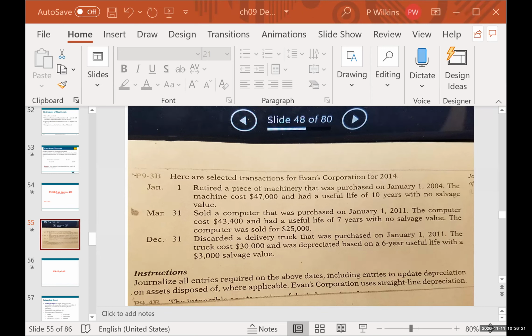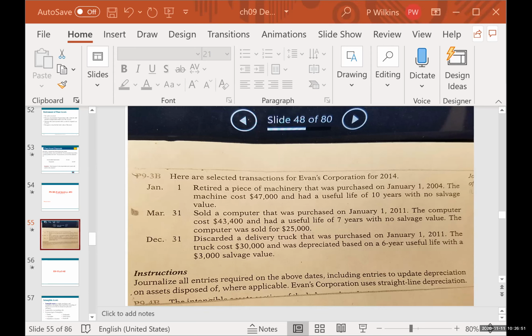So $47,000 minus 0 gives us $47,000. And that $47,000 cost minus salvage is what we call the depreciable cost or the depreciable base, okay? And I keep saying "or depreciable base" because you will run into a problem here or there that'll say depreciable base, okay?